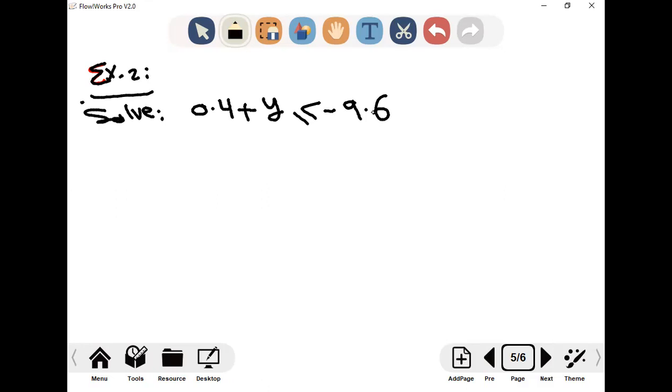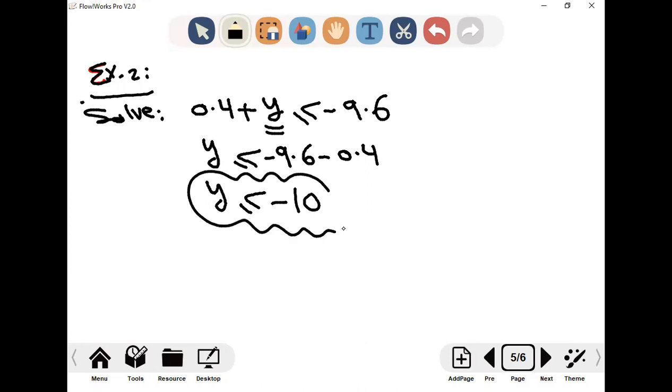We'll do the same here, but we have decimals, right? Our variable is y. Our connected number 0.4 is positive. Shift it to the left side and it will be negative. So y is less than or equal to negative 9.6 minus 0.4. Here you add and put the same sign. Negative 9.6 minus 0.4 is negative 10. So y is less than or equal to negative 10. This is the solution, right?